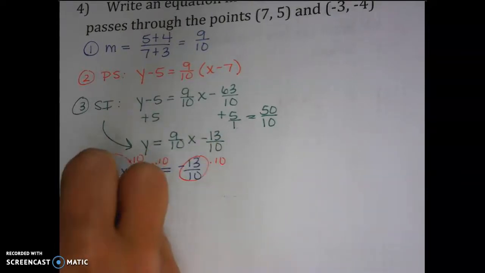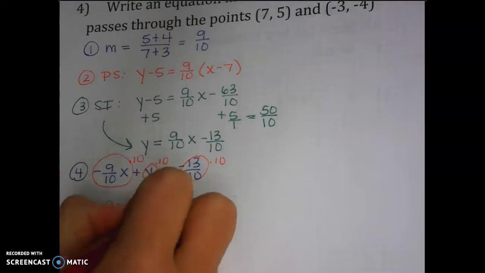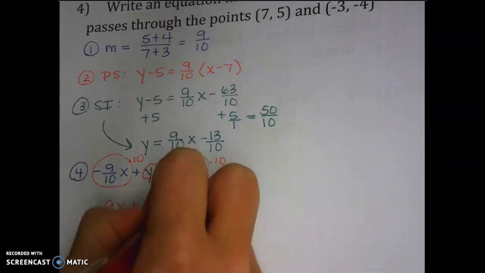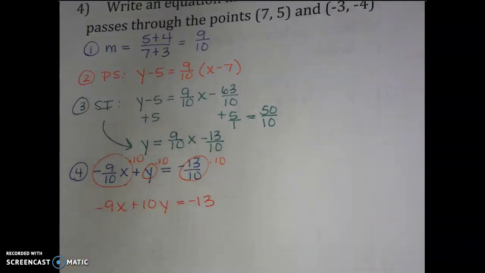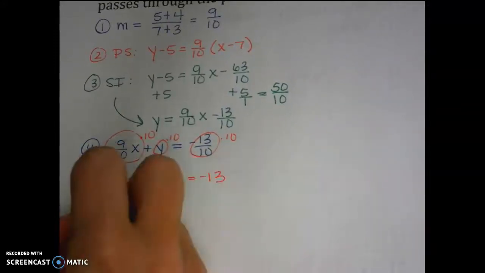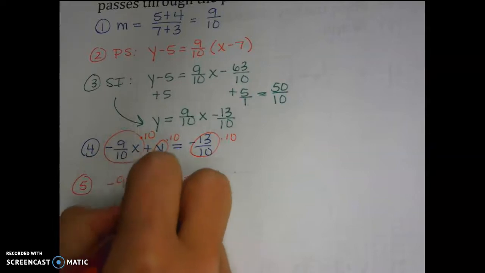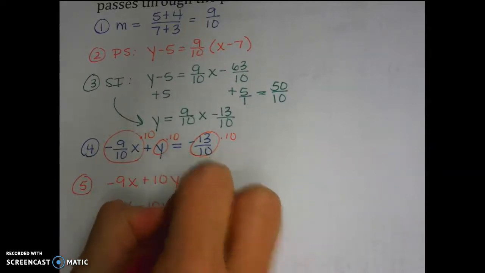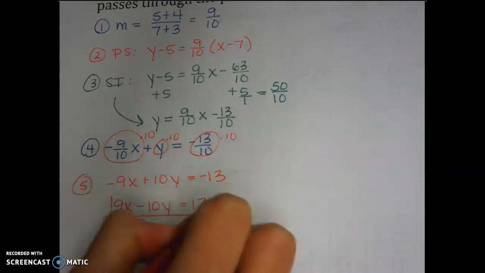So we have negative 9x plus 10y equals negative 13. Now we're almost done. This is step 5 here, but we also want to make sure that our a value is positive. So change the sign of everything. 9x minus 10y equals 13. Now it's in standard form.